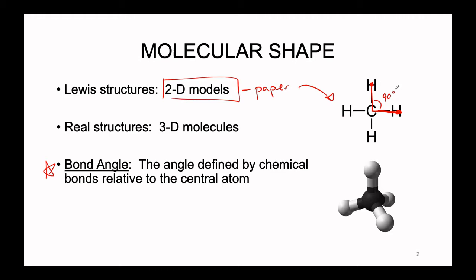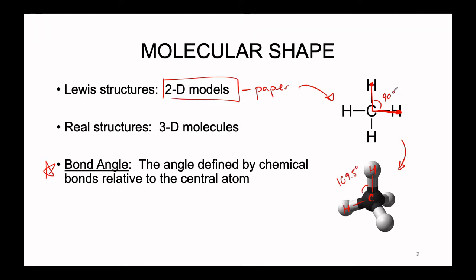Now this is well and good, but the problem is that in 3D, the molecule actually buckles out in the third dimension. We do not have perfect 90-degree right angles from hydrogen to carbon to hydrogen. In fact, the bonding angle in the actual geometry of this molecule, from what we've been able to experimentally gather, is 109.5 degrees.